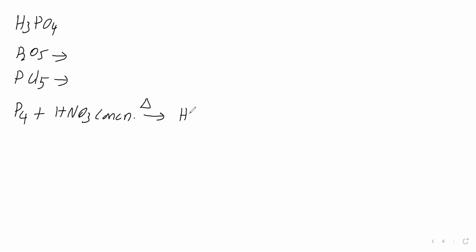Phosphorus gives H3PO4, and concentrated nitric acid gives NO2 when it acts as an oxidizing agent. Similarly, concentrated sulfuric acid, when it acts as an oxidizing agent, becomes SO2, sulfur dioxide.